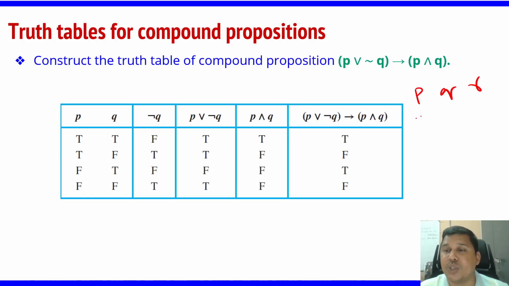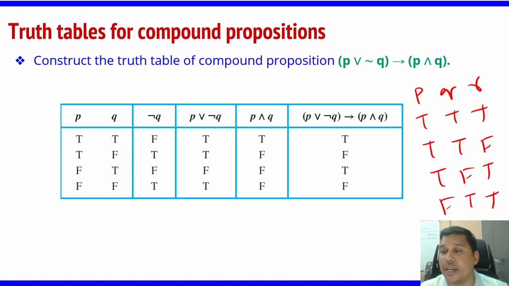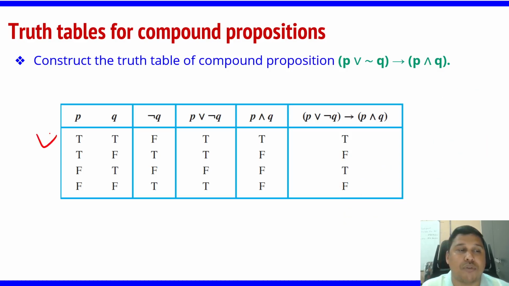Then it is TTT, TTF, TFT, FTT, then FFT, FTF, FFF, and the other case is TFF. So like this you have different combinations of three variables PQR. When you have two variables you have 4, and when you have three variables you have 8 such combinations.